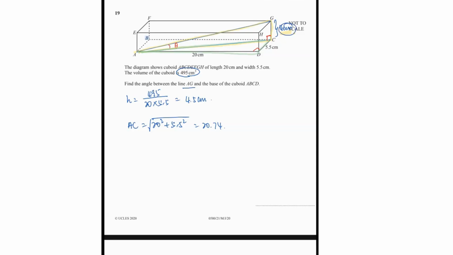Then observe the yellow triangle. I have the opposite side and the adjacent side, so I use tangent. Tangent of angle GAC, or you can use theta because I labeled theta already. Tangent theta is opposite 4 over adjacent, so use inverse tangent of 4 over 20.74. Make sure you're in degrees, not radians. 10.9 degrees, 1 dp.